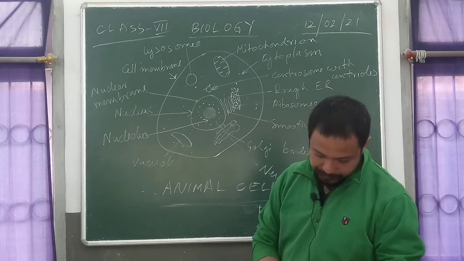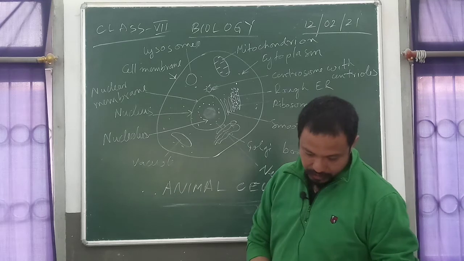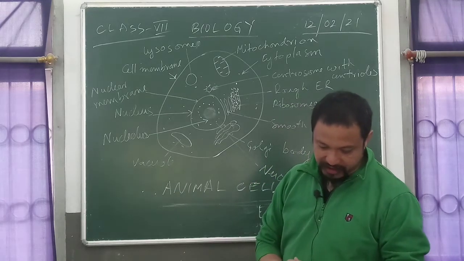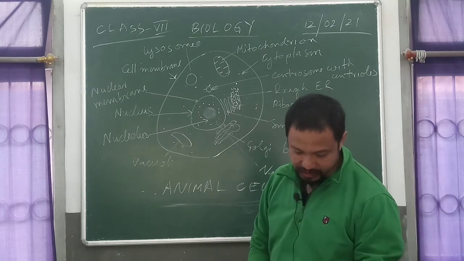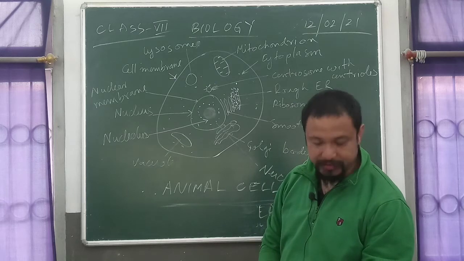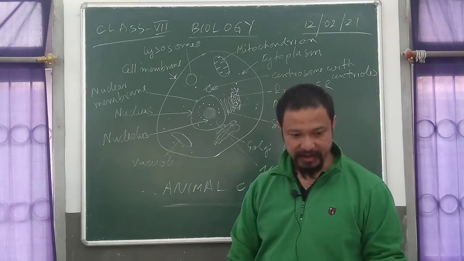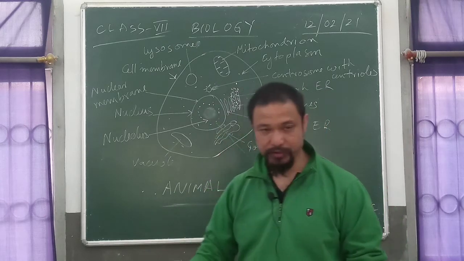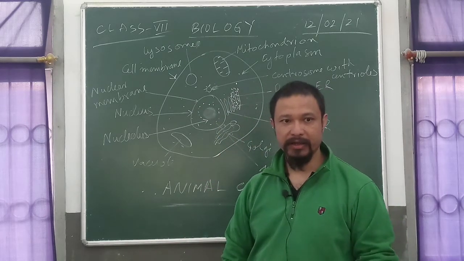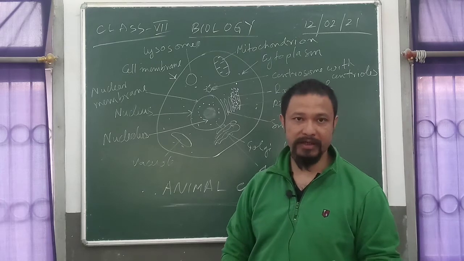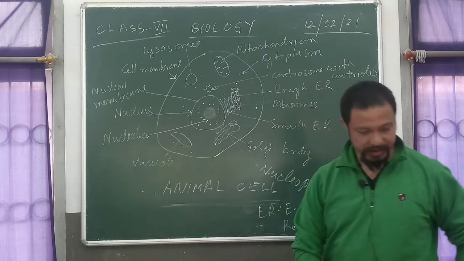Okay, now, all cells are produced by the division of pre-existing cells. Continuity of life depends upon cell division. That's very true. How do we know that your cells are dividing and old cells are getting pushed out and new cells are growing? Like, I'm not going to grow taller than this. The most I can do is grow fatter.